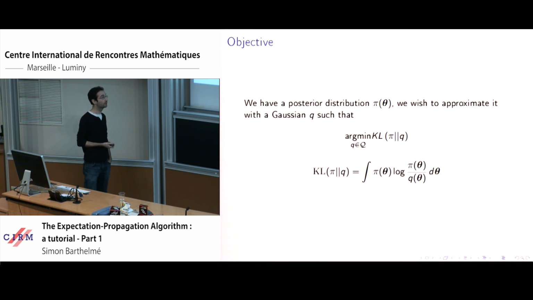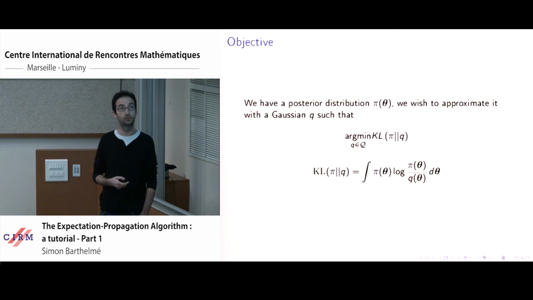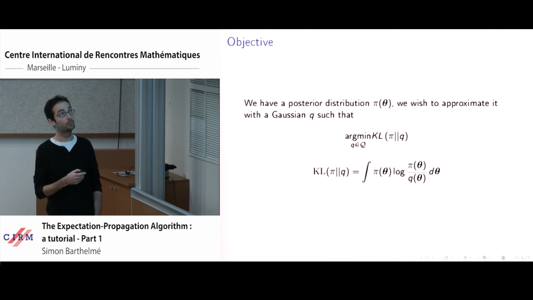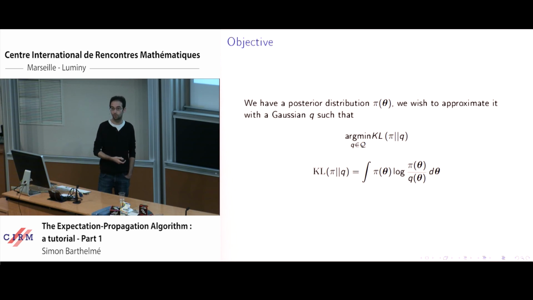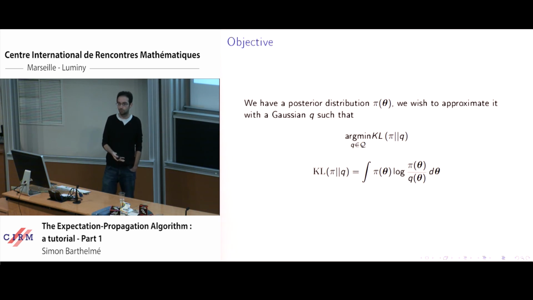Another property that's nice with the KL divergence in this direction is that it's moment matching. If you minimize the KL divergence over Gaussians, then the optimum, as Guillaume mentioned, is the Gaussian with the same moments as the target. So essentially it's a way of computing the mean and the covariance of the target distribution. Now, this is of course entirely intractable. If you could compute the mean and the covariance of your target distribution, you could just do that.